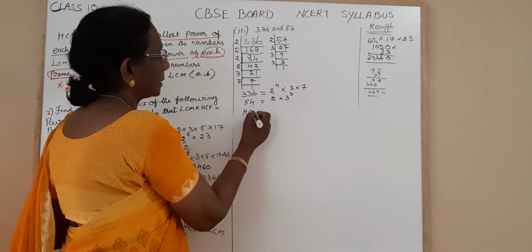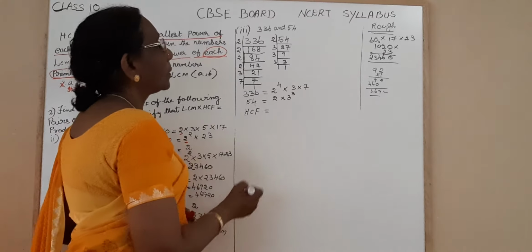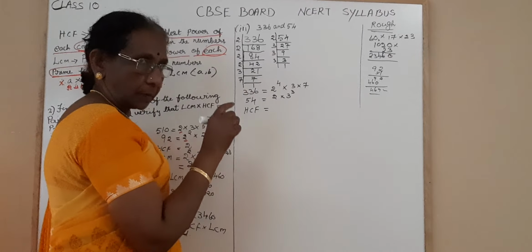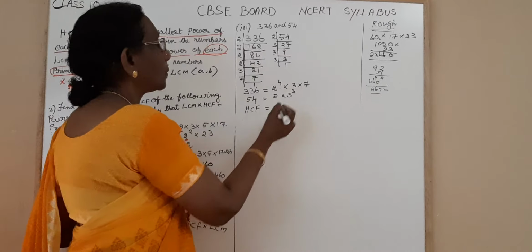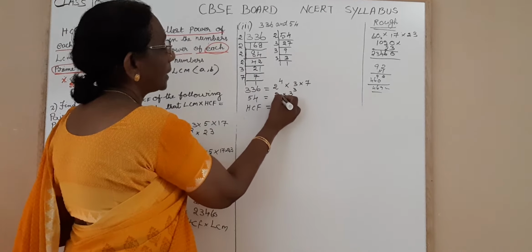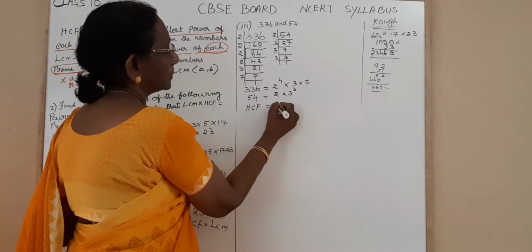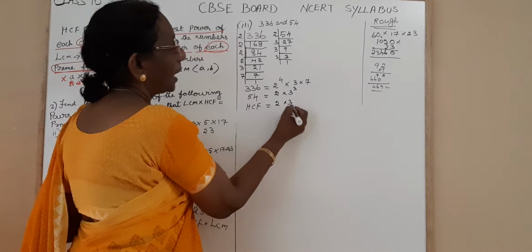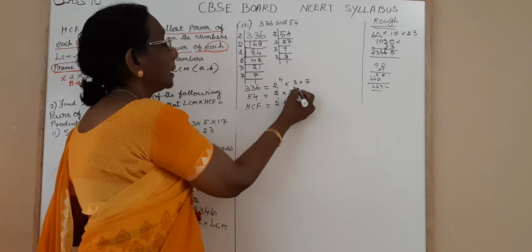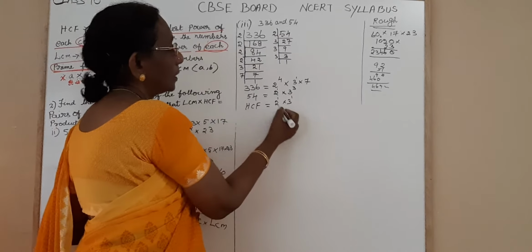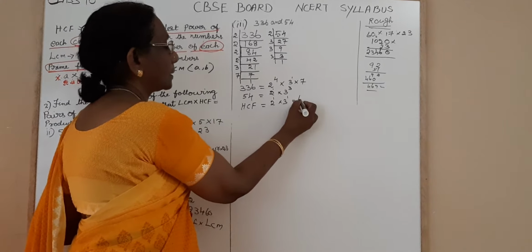Come on. What is the HCF? Smallest power of common prime factors. So what are the common prime factors here? 2 and 3. And what are the smallest powers? Here 1. So 1. Here 3. So 2 3s are 6.